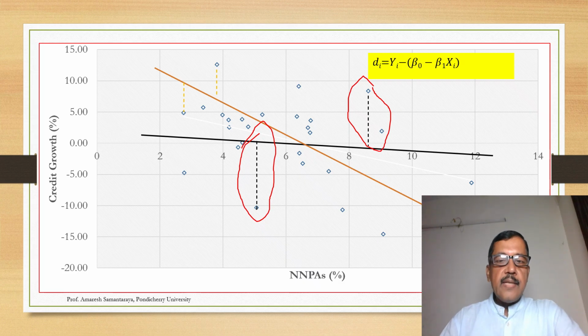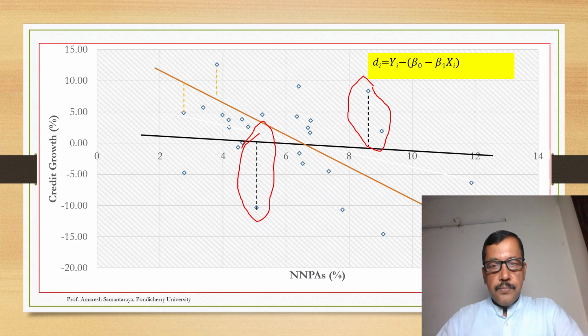So there are infinite lines possible. And if we keep on calculating the sum of distance of the respective points from the respective line, it will be a time consuming, tedious, unending process. And then obviously it will be impossible to compare the sum of distance for respective lines and find which is minimum. That is problem number one.